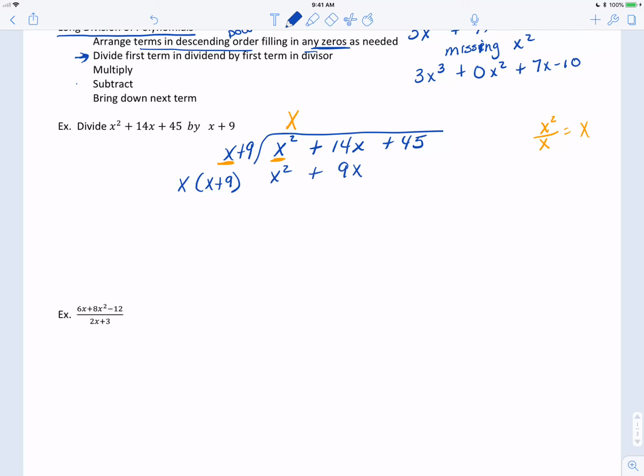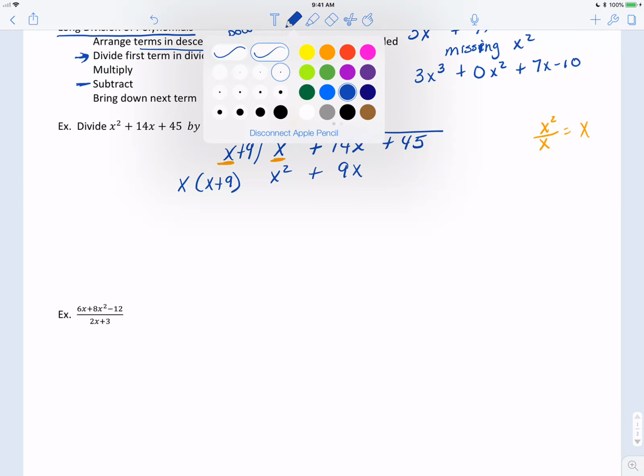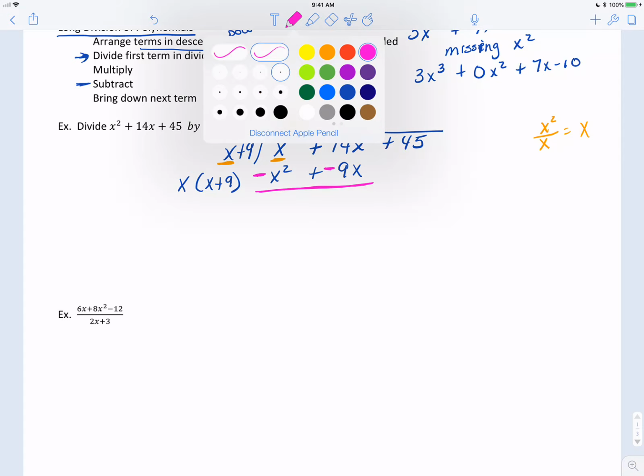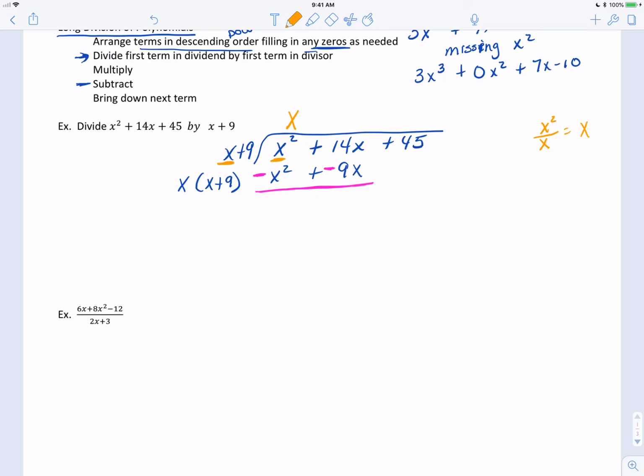Then our next step was to subtract. Well, we're subtracting an entire polynomial that we created down here. So we've got to go change all the signs of what we created. So you're going to hear me say, change the signs, then draw your line. So change your signs, draw your line. Don't just try to get that in that order. Keep saying that in your head and you won't forget.